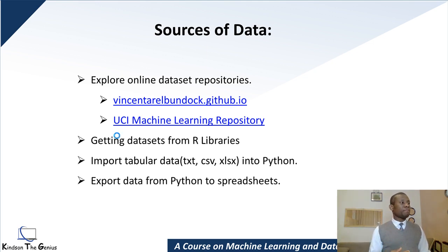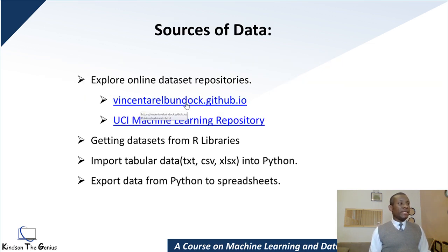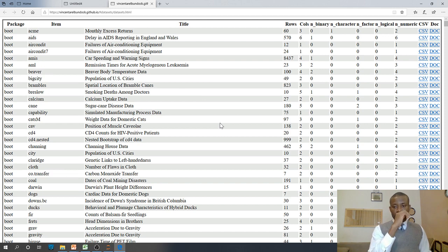Let's get started. So first, let's try to access this repository. I'm going to just click on that link, and it takes me directly to the data site. So right now you can see many data sets. For each of the data sets, we have it in CSV. We also have the doc format that explains this data set.